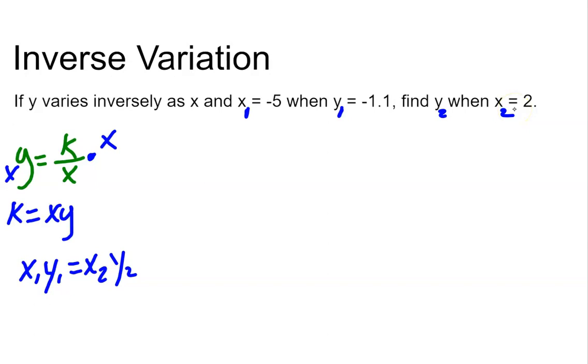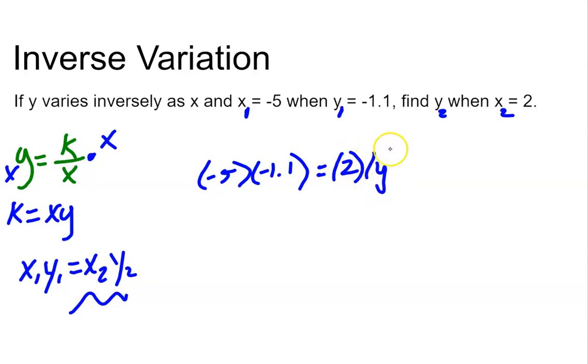So I'm going to use this formula that I have, and I'm going to plug in my numbers. So x1 is -5, my y1 is -1.1, equaling my y2 I don't know, but my x2 is 2, and I'm just going to put a y because I have to solve for y. Now my next step would be just simplify both sides.